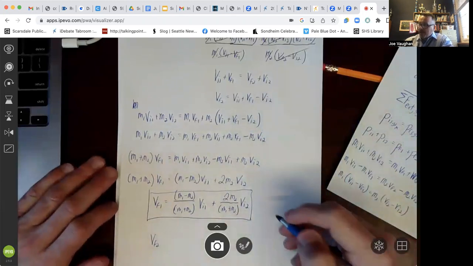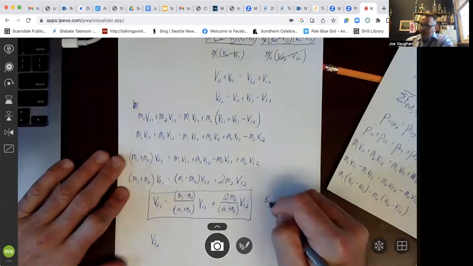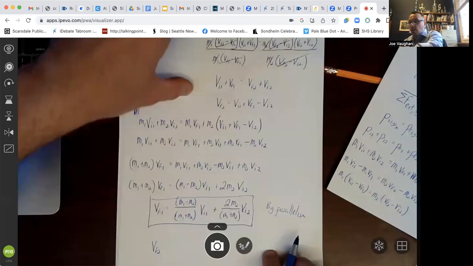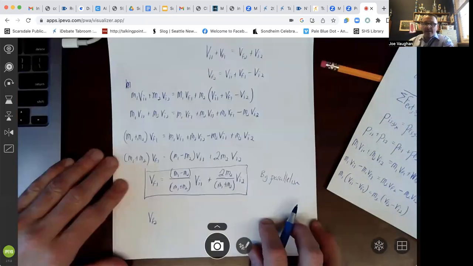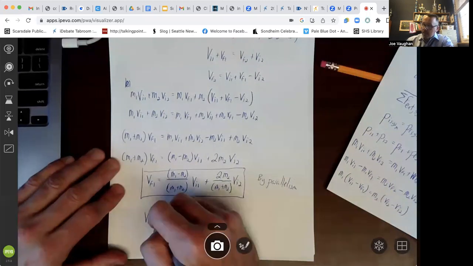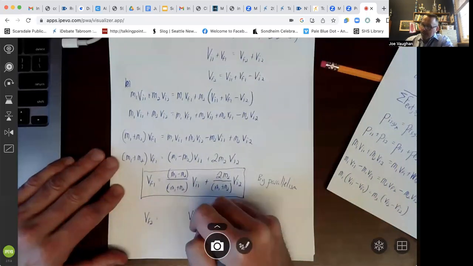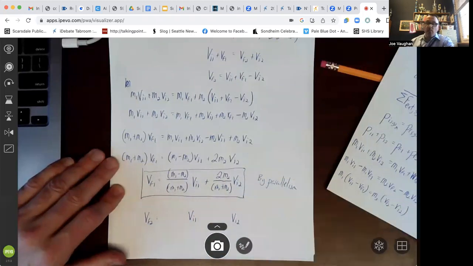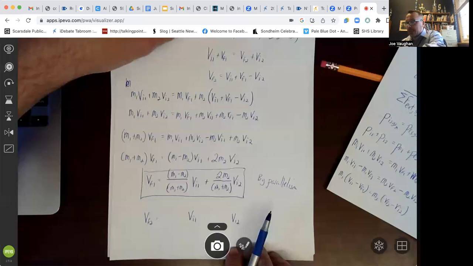So instead, what we want to do is argue by parallelism. We should be able to predict what the term is. Now, a lot of the same sort of structures are going to happen. So it should not be a surprise that I end up with two terms, one that is VI1 related and one that is VI2 related.